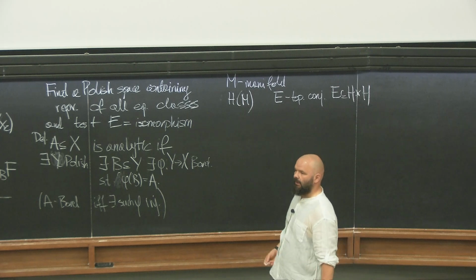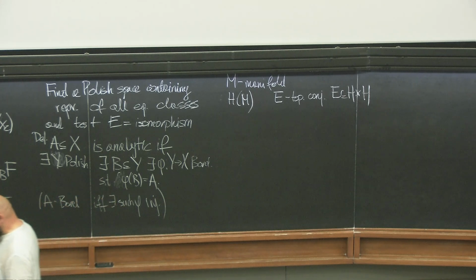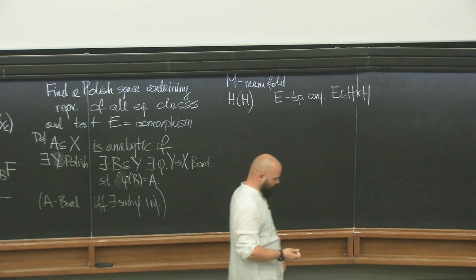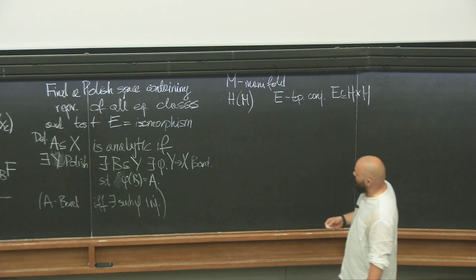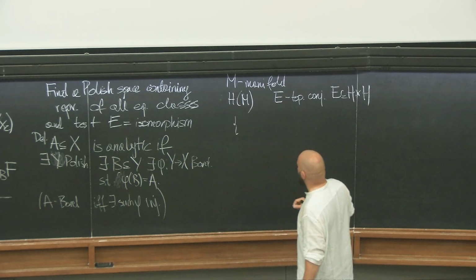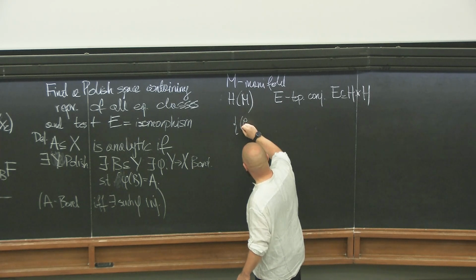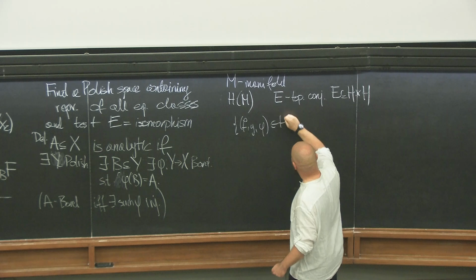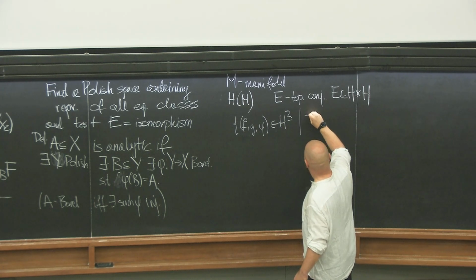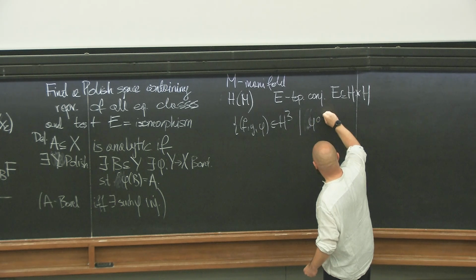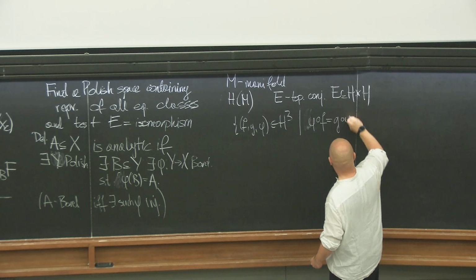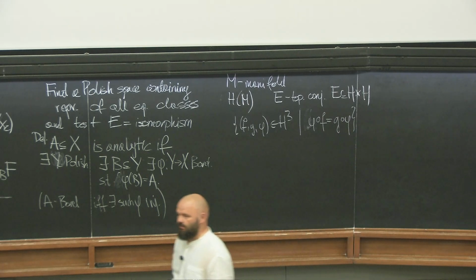But this definition tells us immediately that this is an analytic equivalence relation, because we now consider the set of all triples of homeomorphisms F, G, phi, such that simply phi composed with F is equal to G composed with phi. And then we prove that actually this is a Borel set.